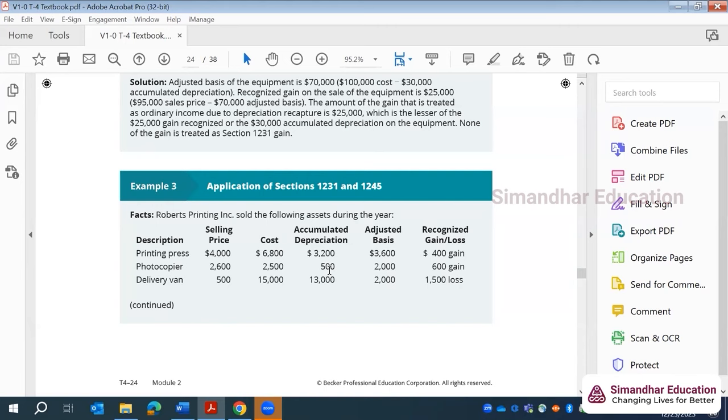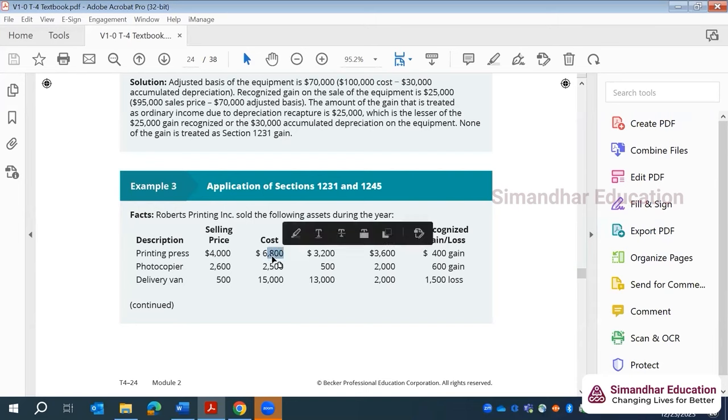Cost is 6,800. Accumulated depreciation is 3,200. Adjusted basis is 3,600. Okay. So here the sale price is 4,000 and my original cost of the printing press was 6,800.